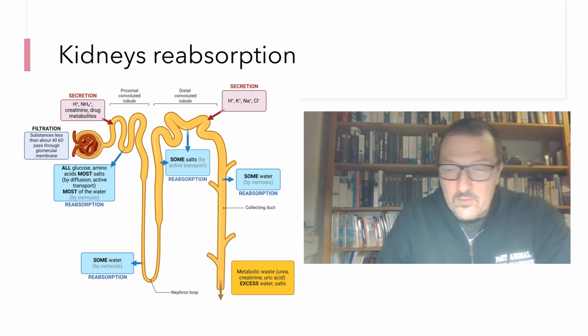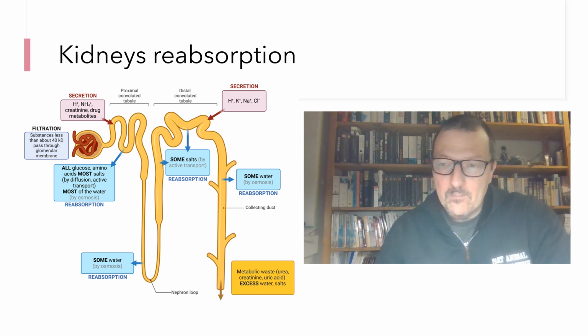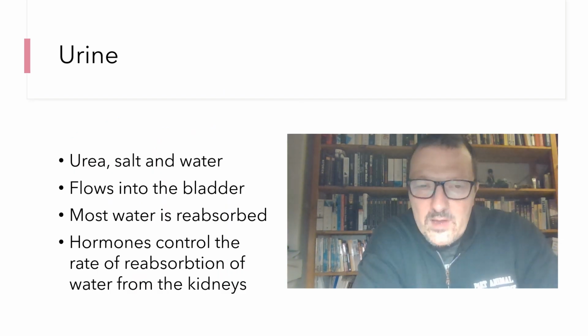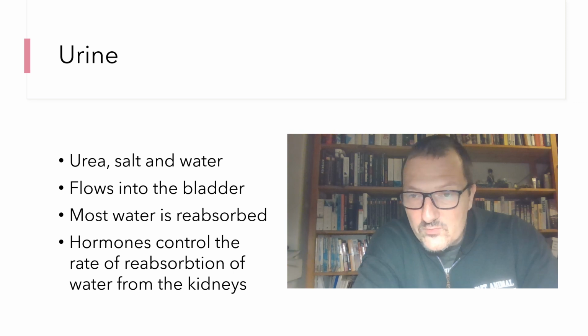We reabsorb the glucoses. We reabsorb some of the ions. So we end up with only the waste products we want to get rid of and some water in our urine. So our urea is mixed with some salt and some water, and then it flows into the bladder. But by the time it does that, most of the water is reabsorbed.